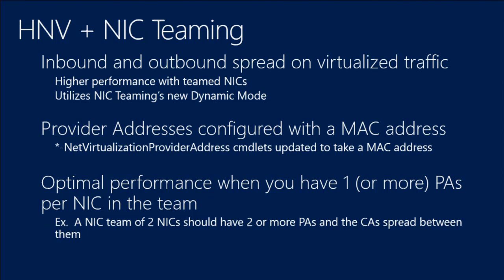To really leverage this load balancing, you need to configure multiple PAs. The recommendation is that each routing domain has its own PA, and then you can do the hashing.